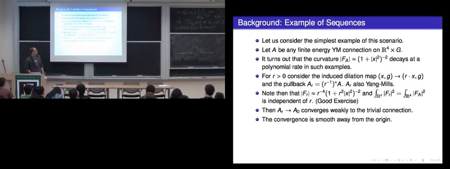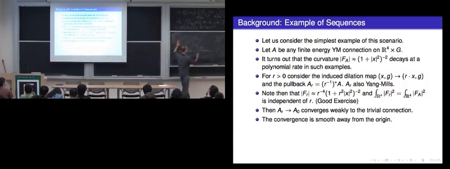Now let's ask what happens as we let r go to 0. If we focus away from the origin, as r keeps getting smaller and smaller, the curvature is going to 0. Curvature going to 0 is like having a function whose gradient is going to 0.